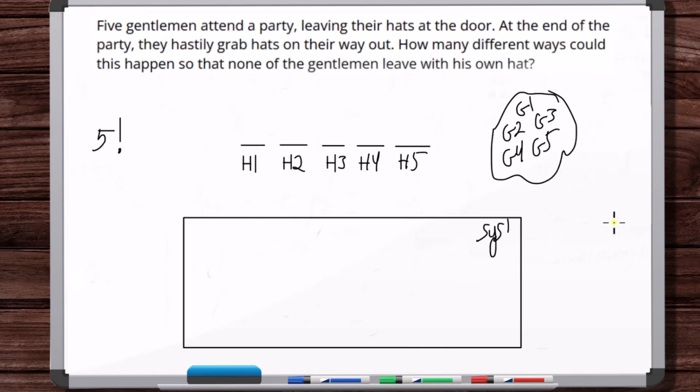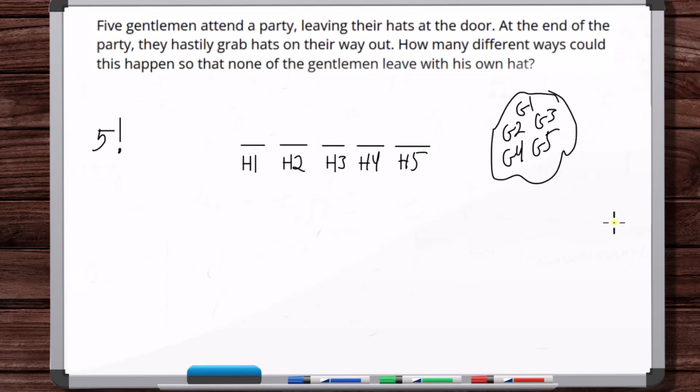So how many sets are we going to have within our system, where the union of all these sets is what we want to subtract out? Well, the sets are going to be based on a man having his own hat, right?